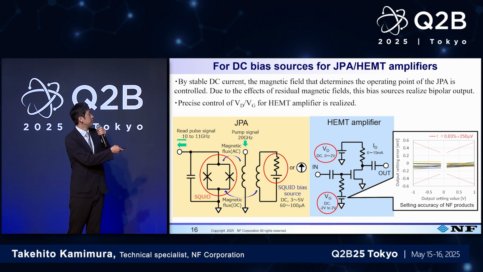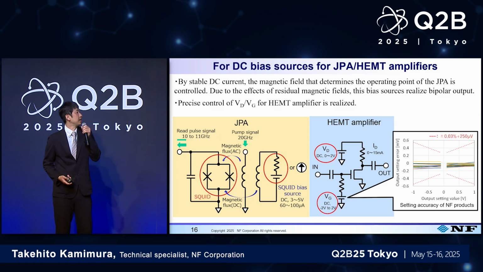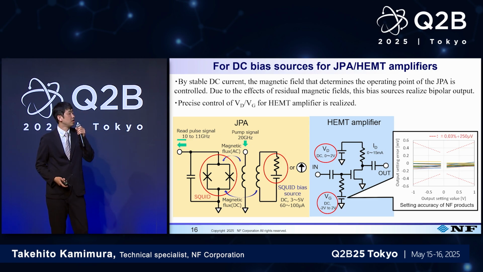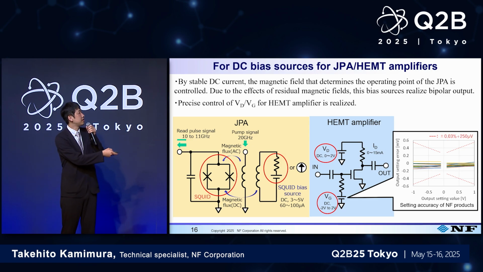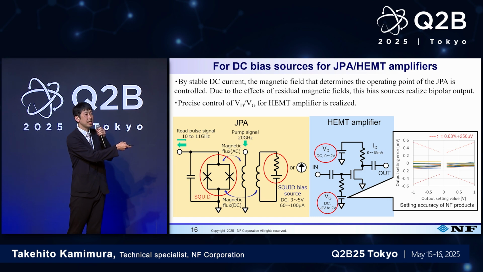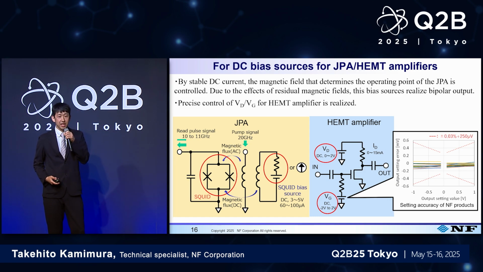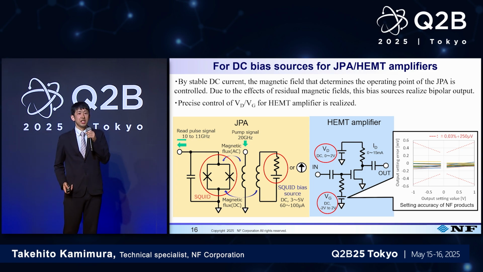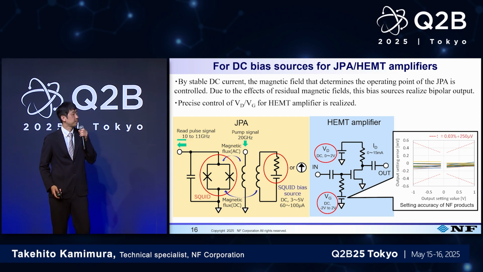Inside the JPA, a SQUID is used, and this controls the board with qubits on it with a very weak magnetic field, and the bias source is used to manipulate this. Because of this, you need very high stability. Also, there is residual magnetic field inside, so you need to have bipolar output.